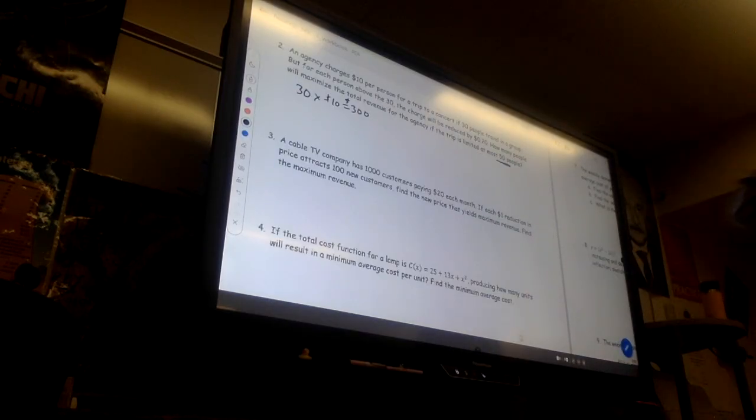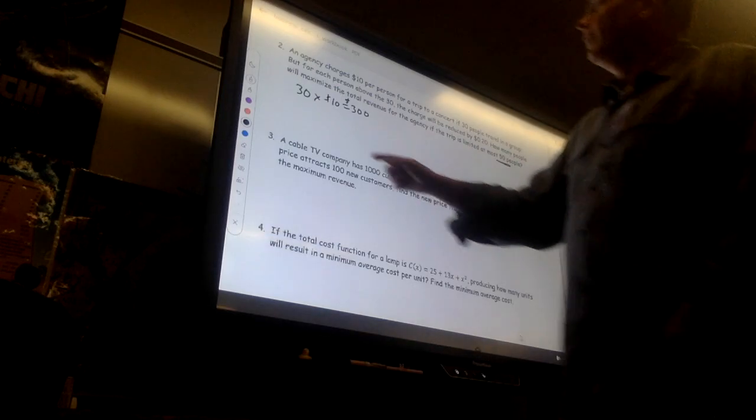And then there's a maximum of 50 people that can go. So as soon as I get above 30, we're reduced by 20 cents. Okay, hang on, for each person above 30, the charge will be reduced 20 cents. So that basically means that if there were 31 people on the trip, you're going to multiply by $9.80.